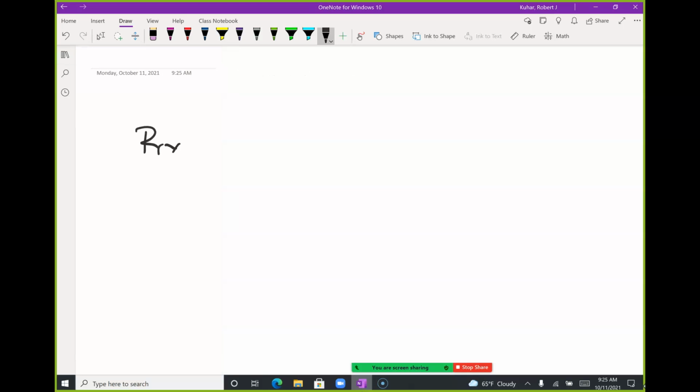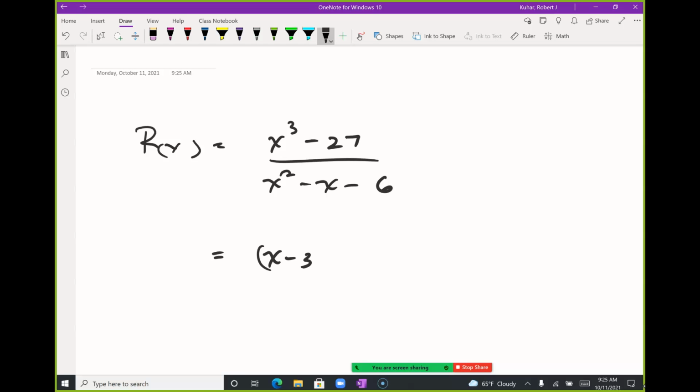I've got r of x is x cubed minus 27 over x squared minus x minus 6. They're asking to find the vertical, horizontal, and oblique asymptotes.